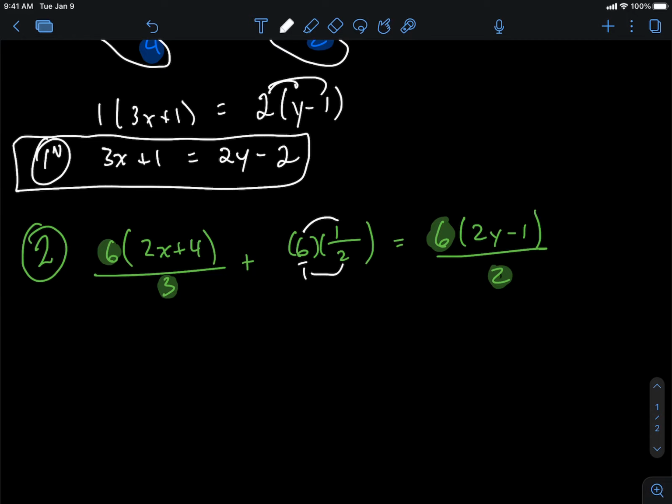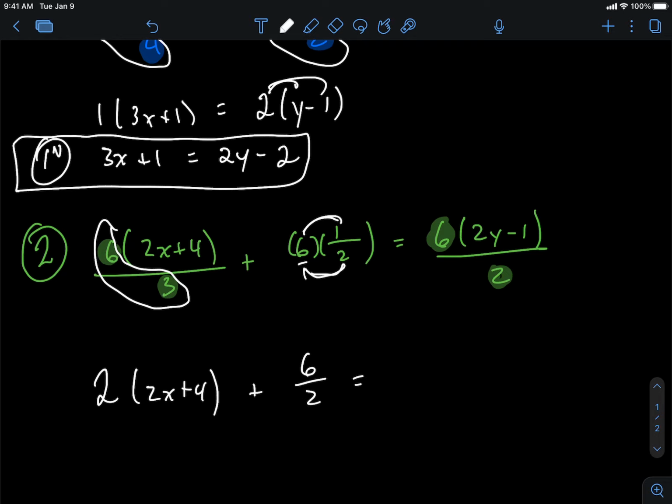And so we can just simplify all this. So 6 divided by 3 is going to be 2x, 2x plus 4, plus top times top is 6, bottom times bottom is over 2, right? And that's going to be equal to 6 divided by 2 is going to be 3.